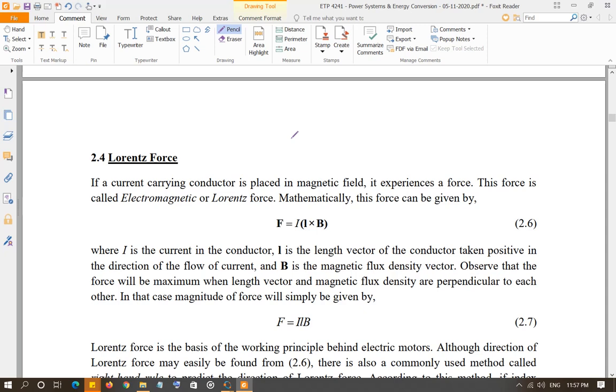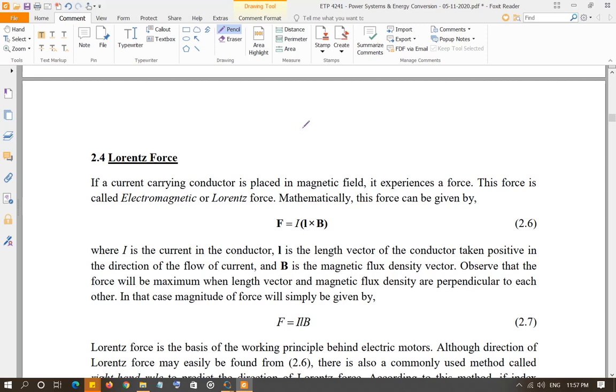And what is the Lorentz force basically? What does it state? Anytime you have a coil or a conductor that is carrying electric current, and you place that conductor inside a magnetic field, you have a field established by the flow of current and a magnetic field established by, let's say, a magnet.